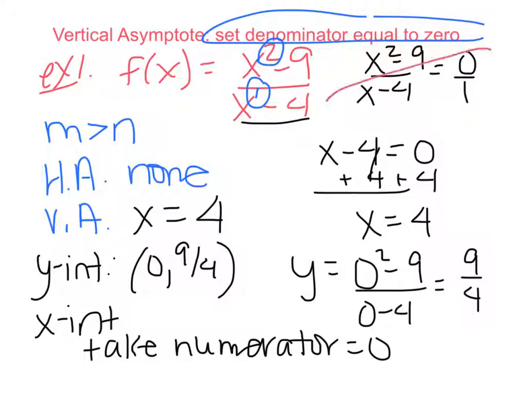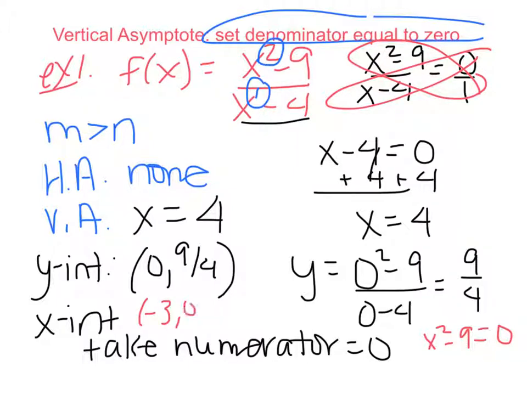If we cross multiply, it will just turn out that we'll have x squared minus 9 equals 0, which is your numerator set equal to 0. So we can solve for that. We can factor it out, or you can solve by using square roots. So our x-intercepts are going to be negative 3, 0, and 3, 0.